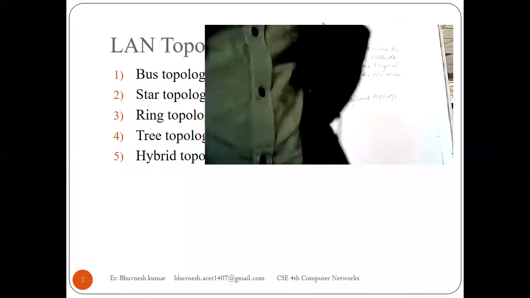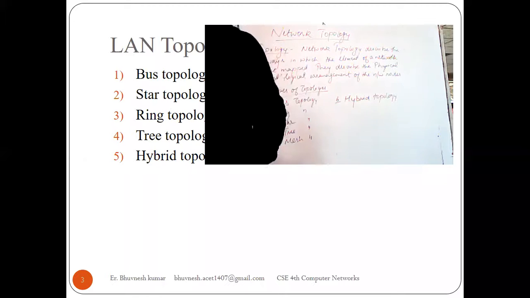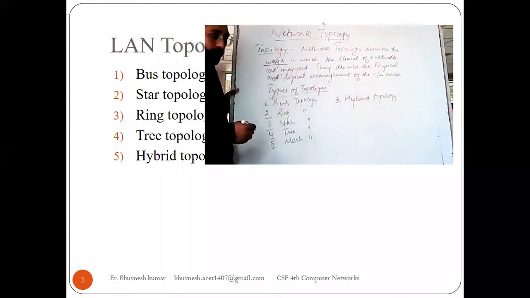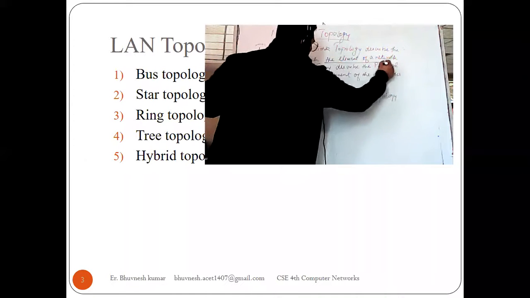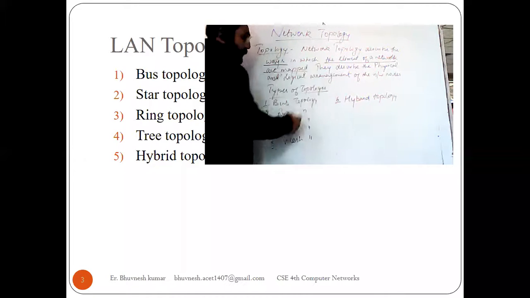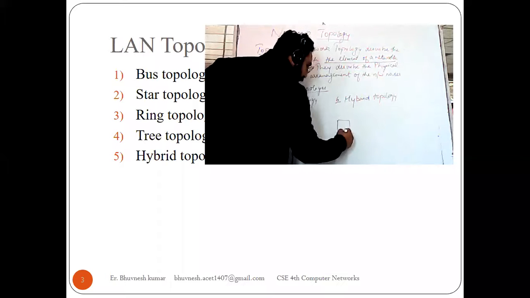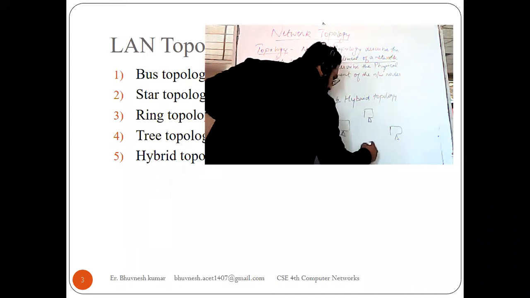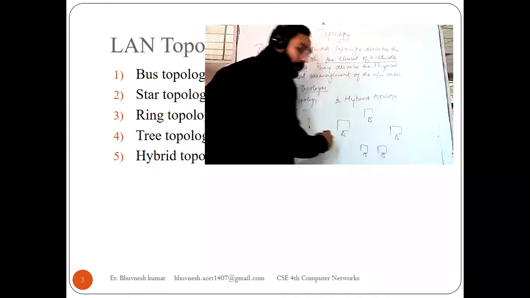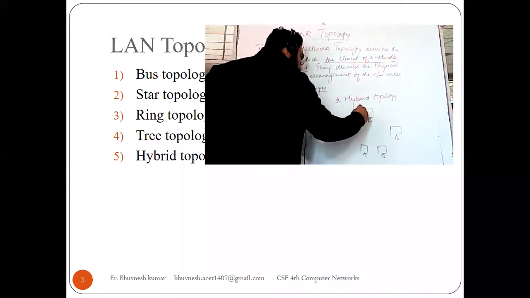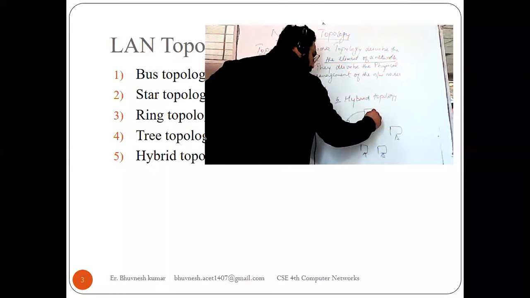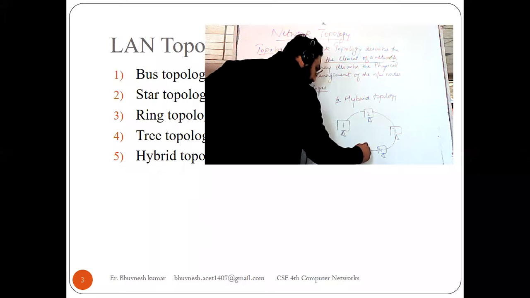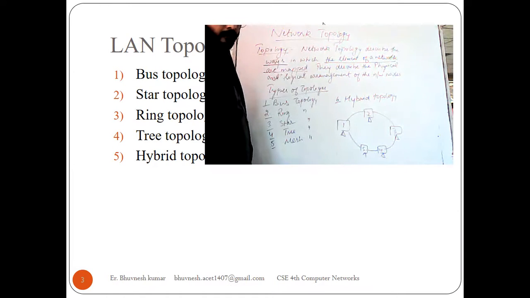First of all, the definition is that a network topology describes the way in which the elements of a network are mapped. If I say I have 5 computers, and these 5 computers are connected with each other: first PC is connected with second PC, second is connected with third PC, third is connected with fourth PC, and fourth PC is connected with fifth, and again fifth to one.